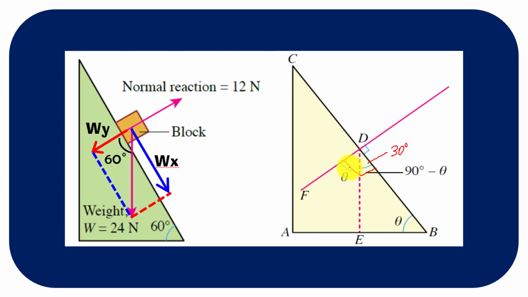So that means 90 minus 30, this one will become 60. When a question doesn't mention anything, they just label the angle here. So we understand this part should be the same angle. This is just an explanation of why we know this part is the same angle, like the corner.